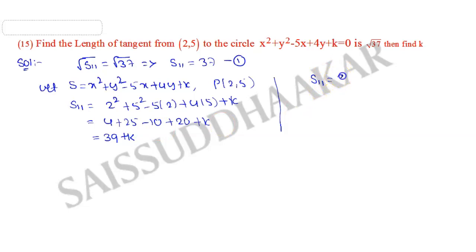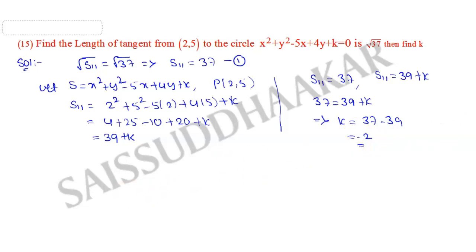S11 is equal to 37 by condition number 1, and S11 is equal to 39 + k. Equating both, 37 = 39 + k, which implies k = 37 - 39 = -2. This is the answer for this question.